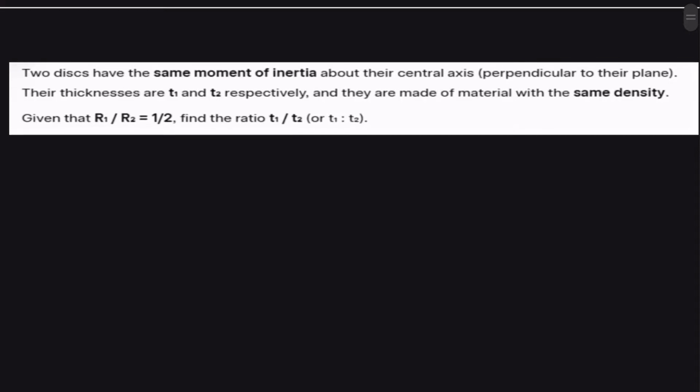So in the first question, it states that two disks have the same amount of inertia about the center of axis that is perpendicular to their plane.